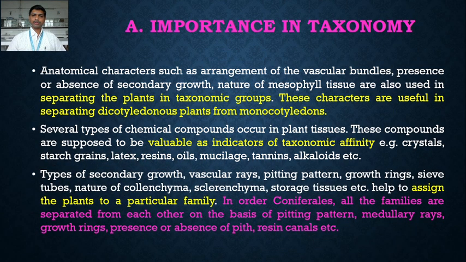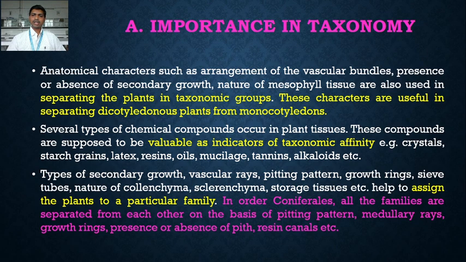Types of secondary growth, vascular rays, pitting pattern, growth rings, sieve tubes, nature of parenchyma, sclerenchyma, storage tissues, etc. help to assign the plants to a particular family.